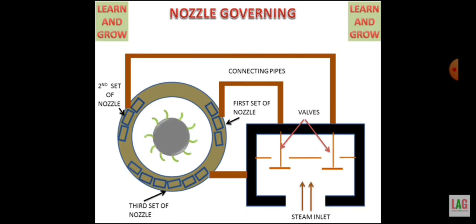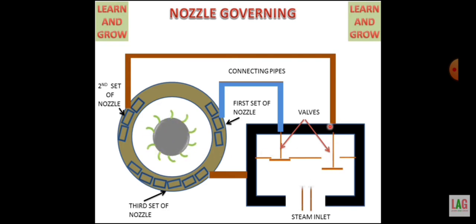What will happen when steam enters? Then we can close this valve. The supply of steam or water will be stopped by this valve, and steam or water will not go to the first set of nozzles. So the turbine speed can be maintained.